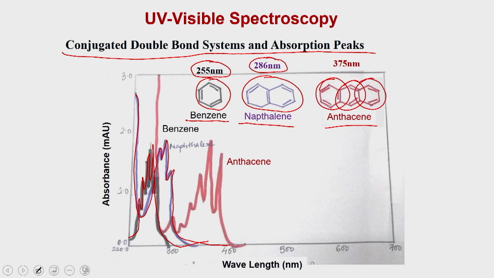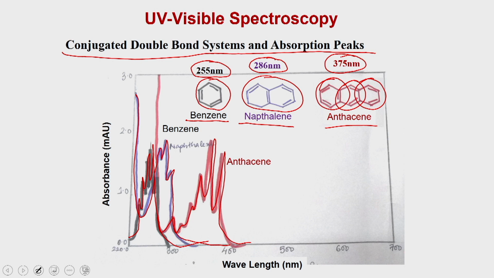Compared to that, when you bring in the three benzene rings, or three conjugated double bond system rings, you will see a clear-cut, very large shift compared to benzene or naphthalene, and it gives a lambda max at 375 nanometer.